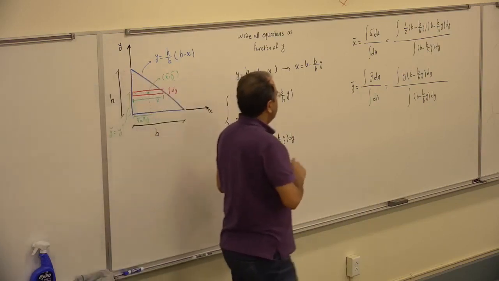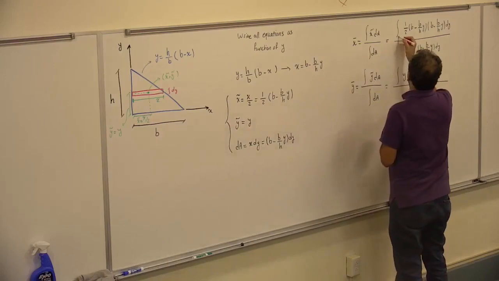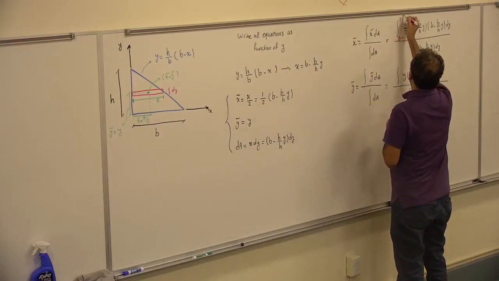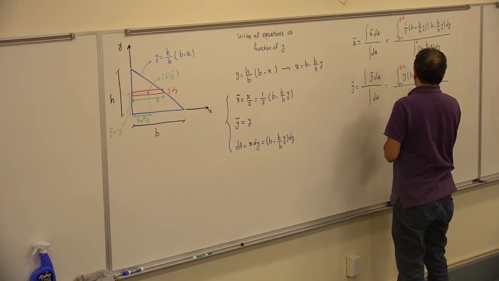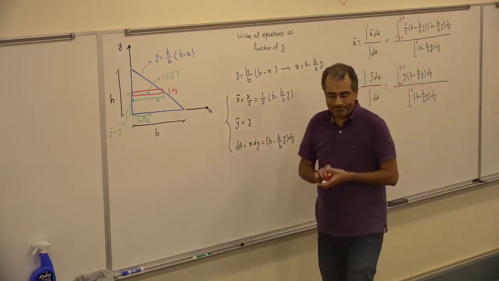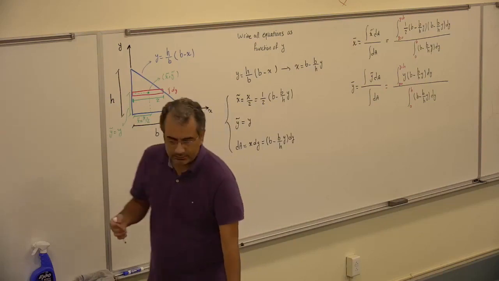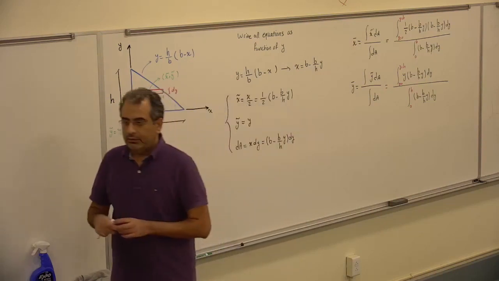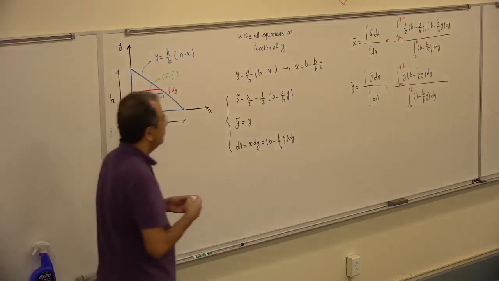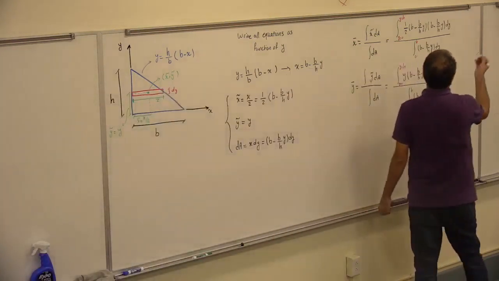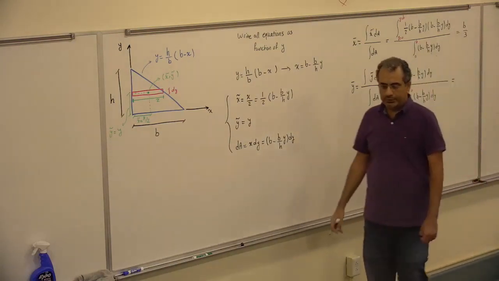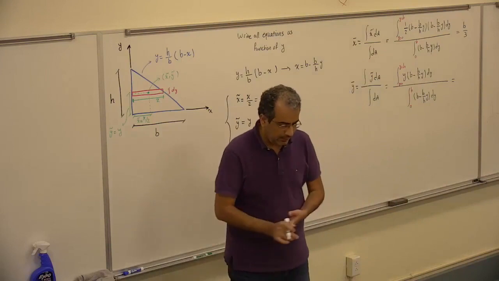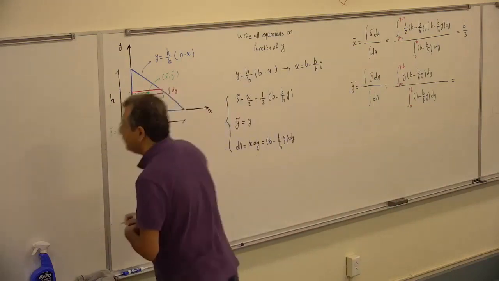The limits of my integration are y equals 0 to y equals h. So this one is going to be b over 3, and this one will be h over 3.